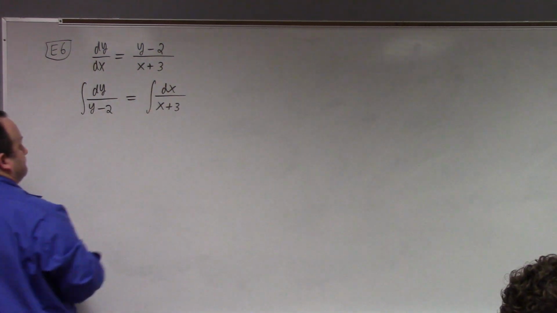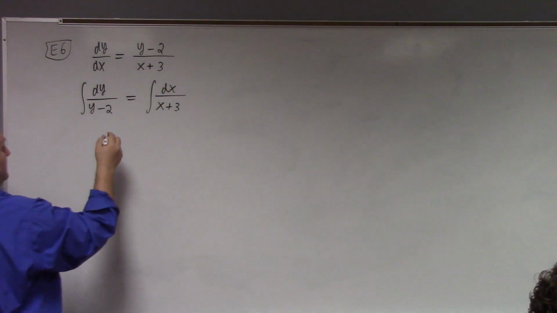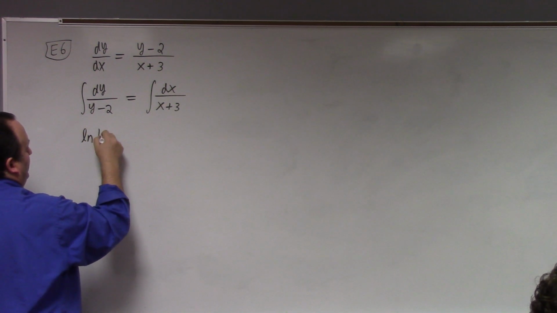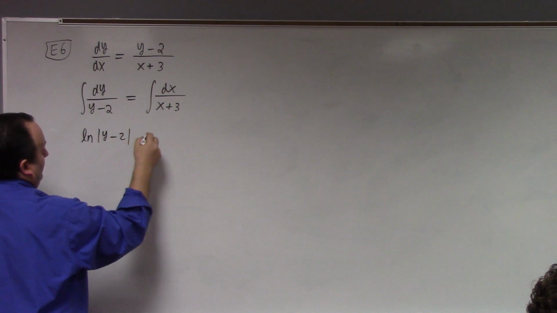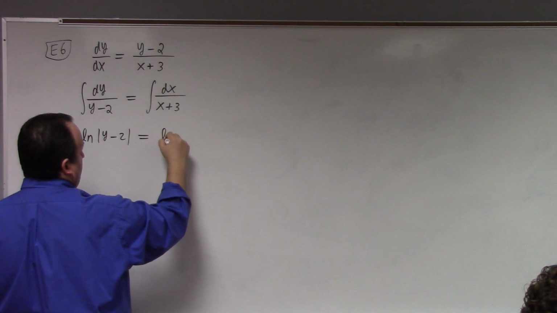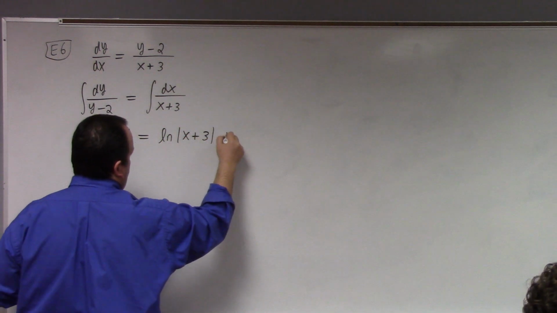What did you guys get? Natural log of the absolute value of y minus 2 equal to natural log of the absolute value of x plus 3, and then plus a constant.